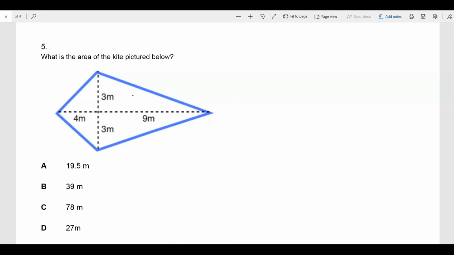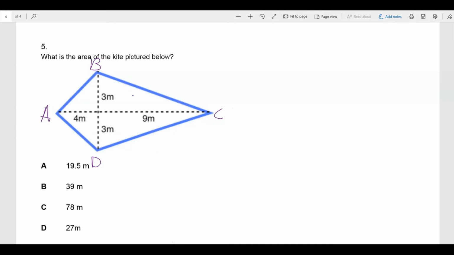As far as the area of a kite, for me, the easiest thing to do is to break it into the two triangles when it's given to me information this way. So I'm going to go ahead and label this kite A, B, C, D, and I'm going to use those letters for a point of reference, okay?